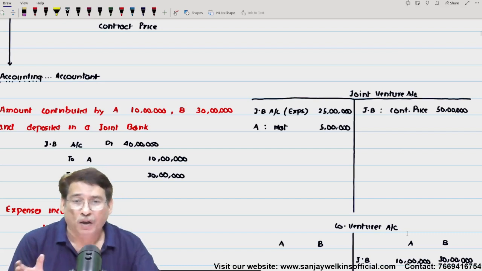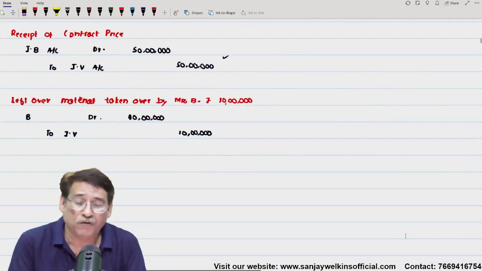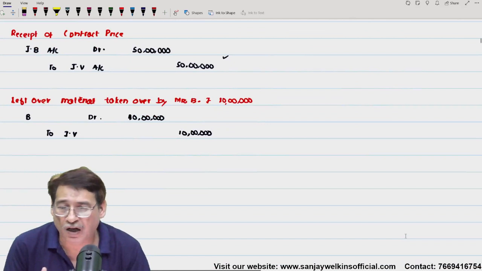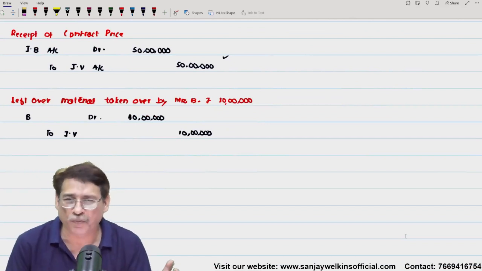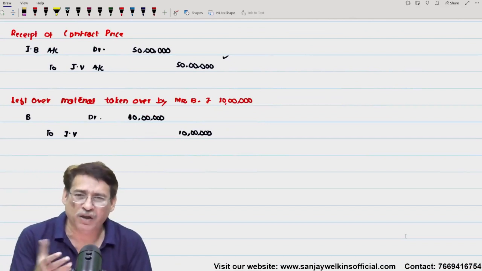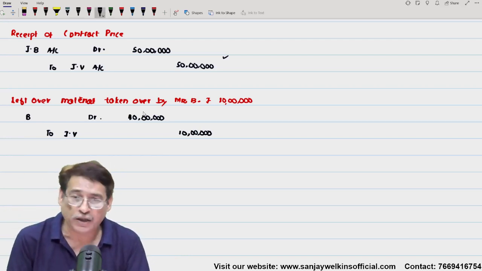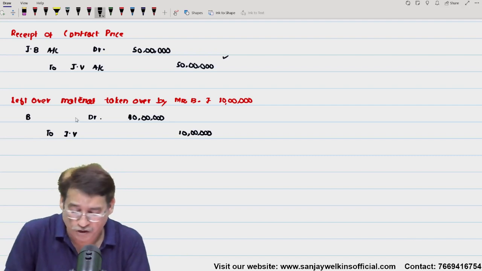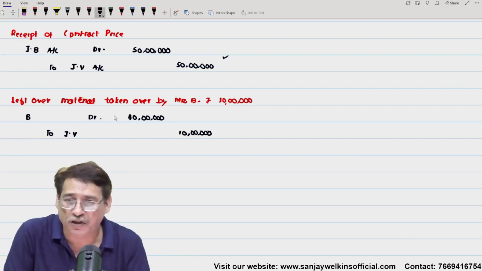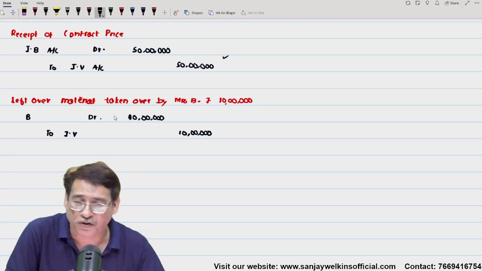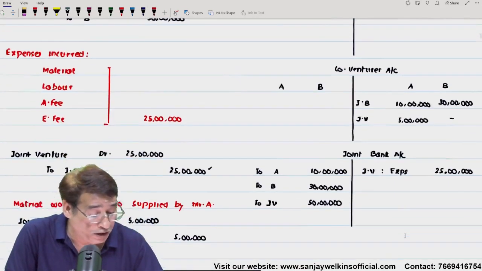Correct? Now the last entry is the one I talked about when some material is left. So this material is of no use, so generally a particular co-venturer agrees to take it over. The entry will be respective co-venturer account debit to joint venture. In this case, B has taken over. So your entry will be B account debit to joint venture, isn't it? So B account is getting debited.